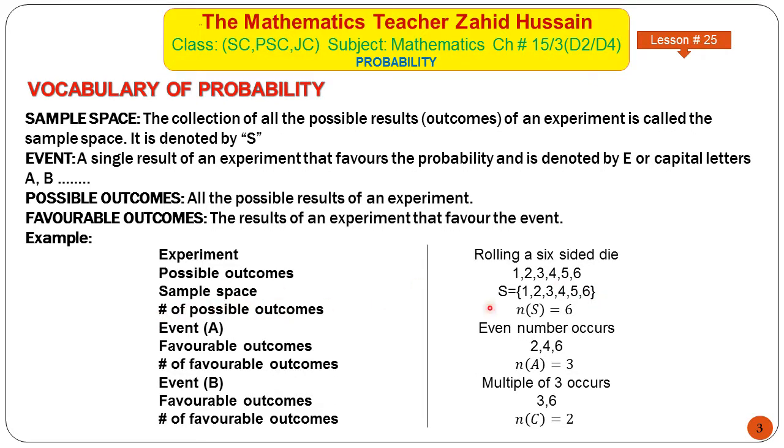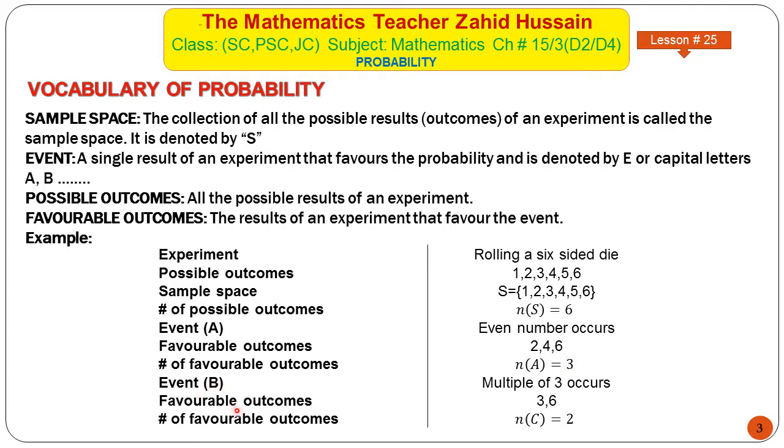Number of possible outcomes, n(S), the cardinal number of this set, is equal to 6. Event A, an even number occurs. From this experiment, the first event is A, that the number on the die is an even number. So favorable outcomes are 2, 4 and 6. Number of these outcomes is 3.